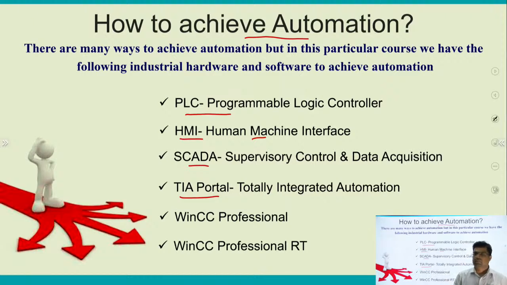There is a lot, like here written as WinCC Professional for the SCADA system, and WinCC Professional RT. These are digital platforms. We can analyze the data and perform in a very precise and accurate way the automation. So these are some tools through which we can achieve automation.